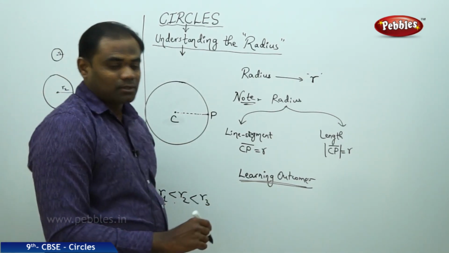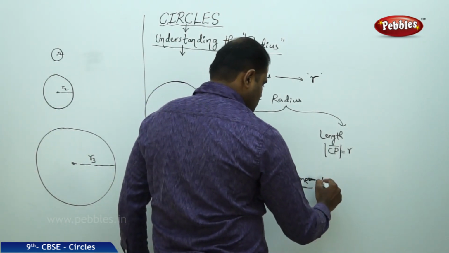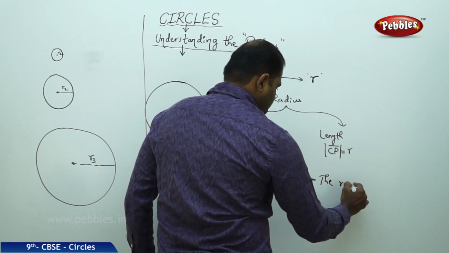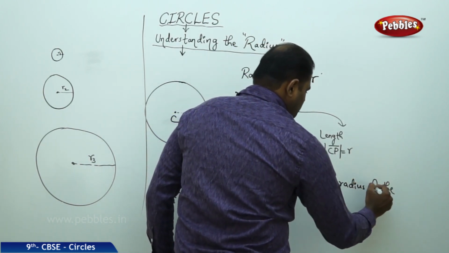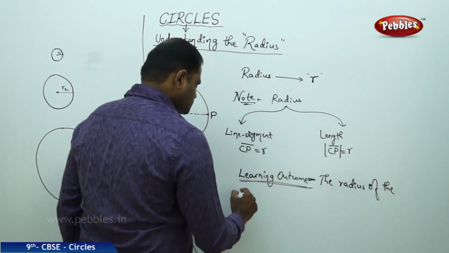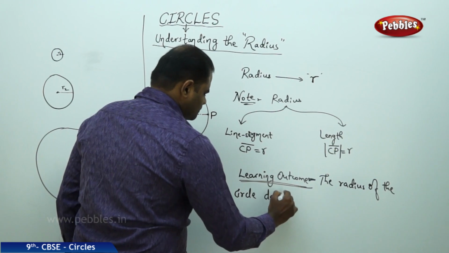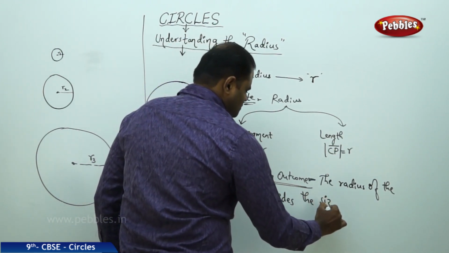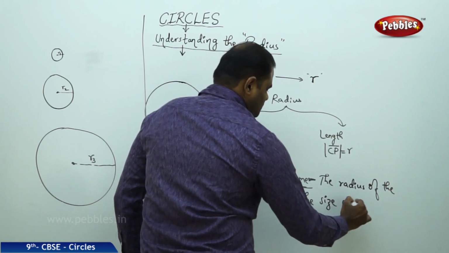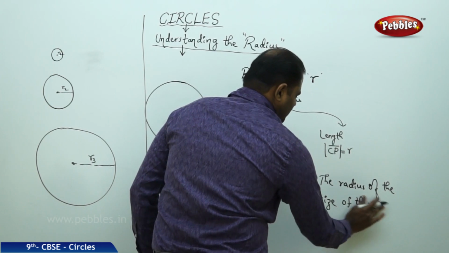So my learning outcome here is the radius of the circle decides the size of that circle.